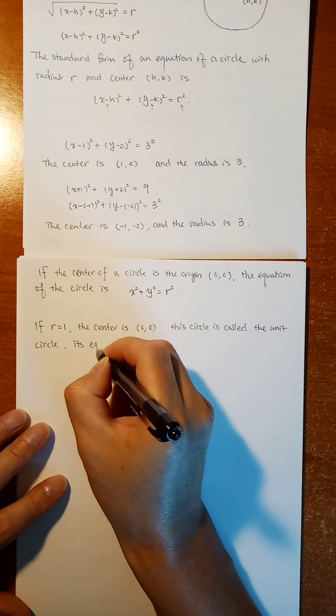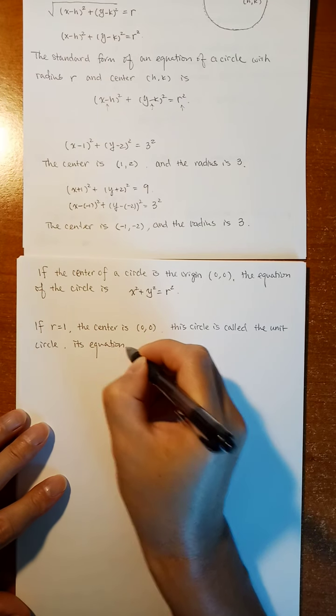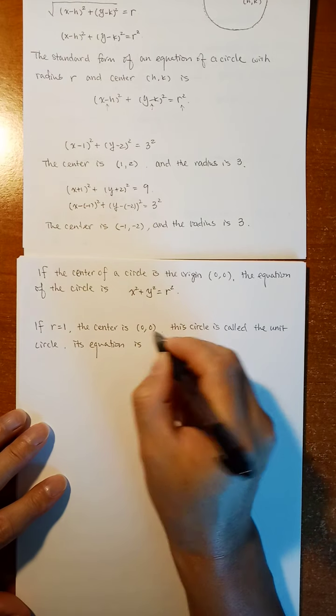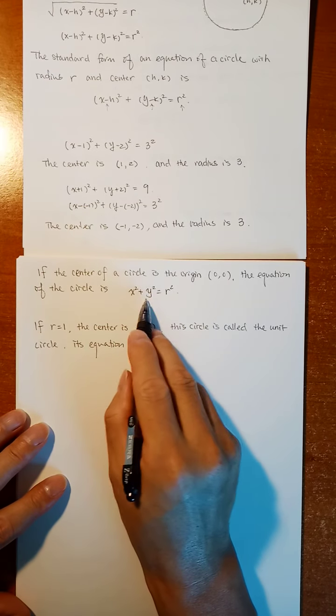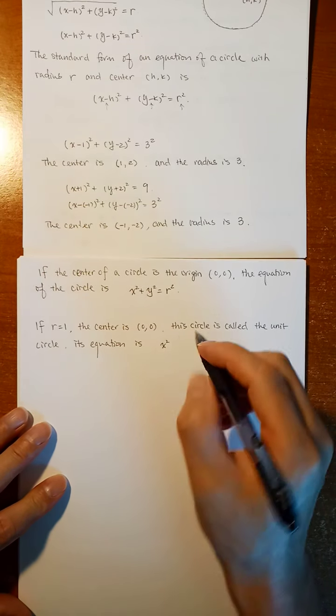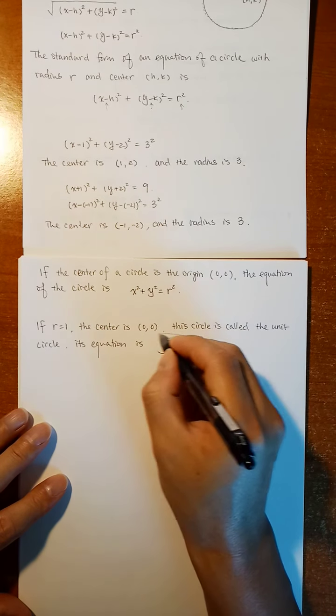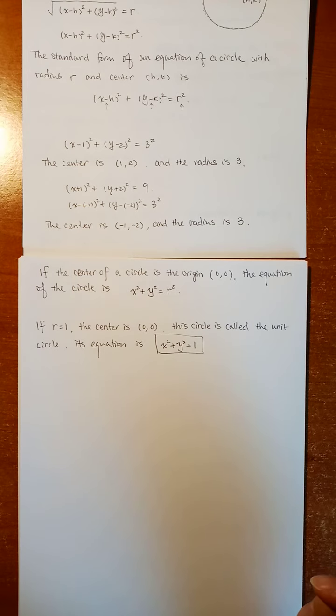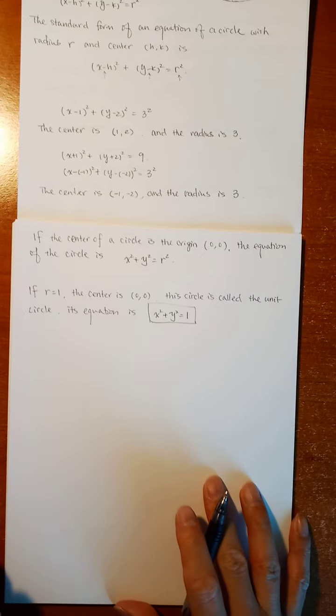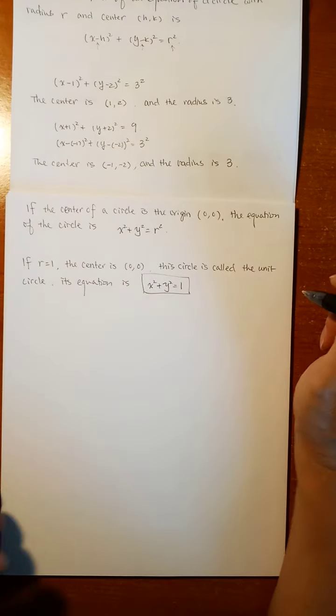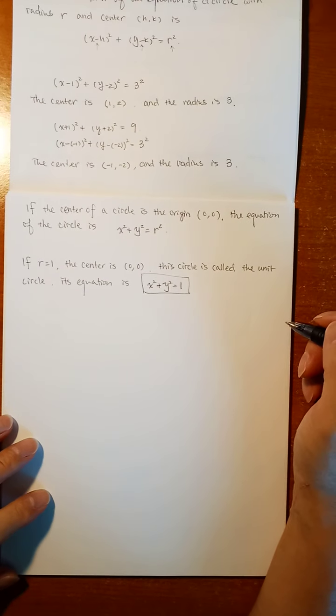Its equation: the center is 0, 0, so you follow this. r is 1, 1 squared is 1, so it's x squared plus y squared equal to 1. This is the equation of a unit circle. Or it's just a name.